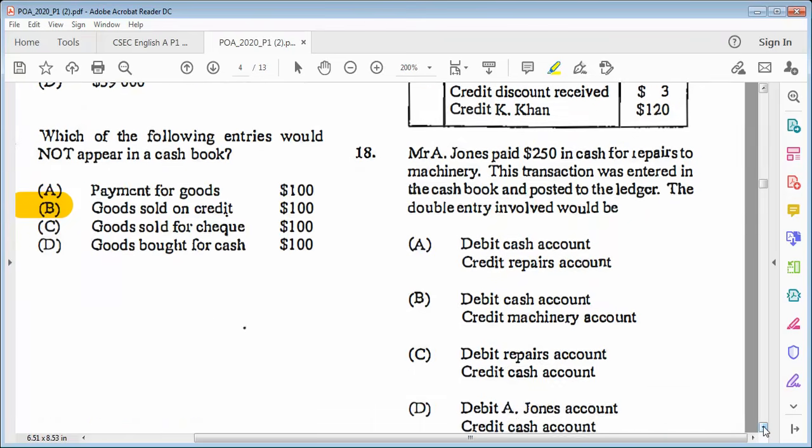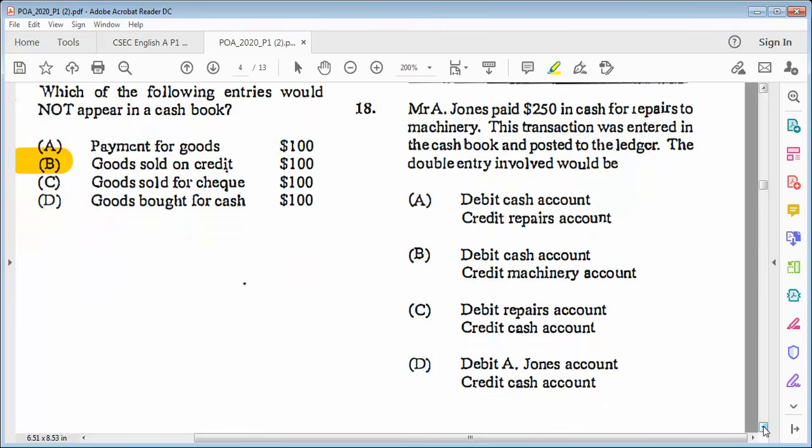Let's go on to number 18. It says, Mr. A. Jones paid $250 in cash for repairs to machinery. This transaction was entered in the cash book and posted to the ledger.